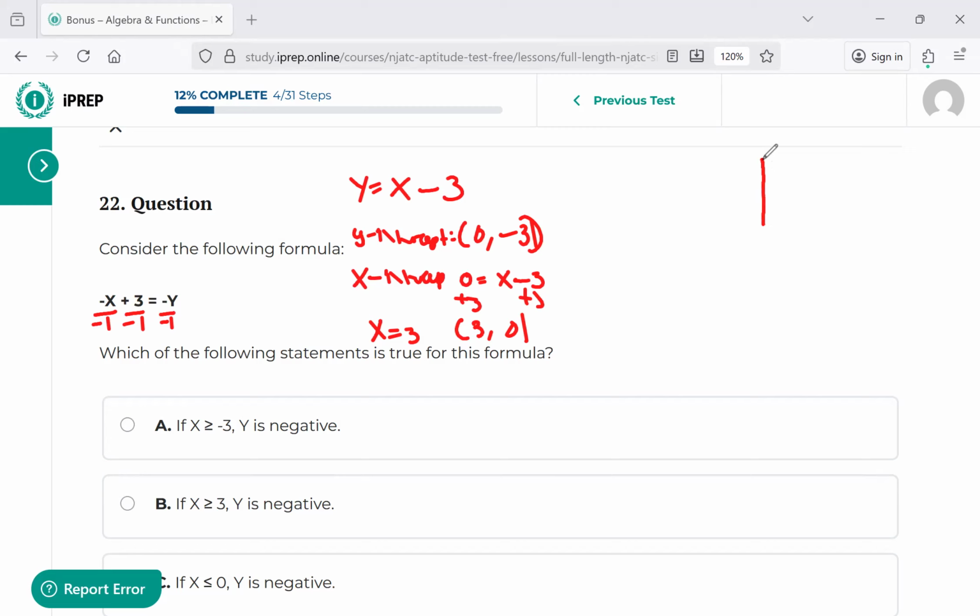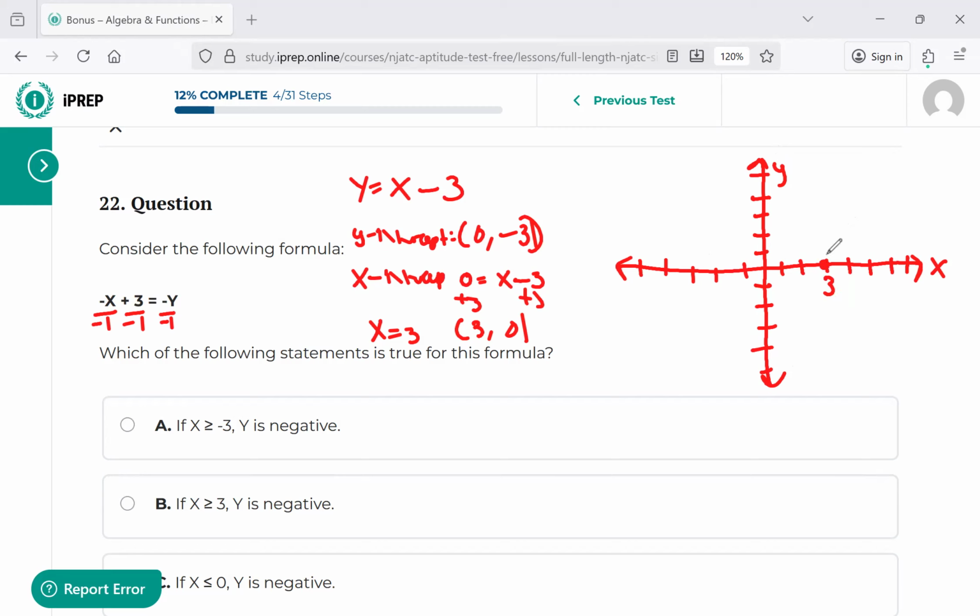Okay, so when I graph this, this is going to be 3, comma 0.